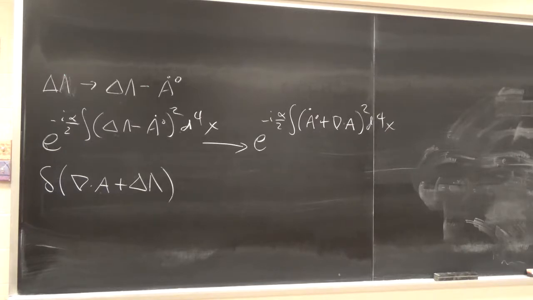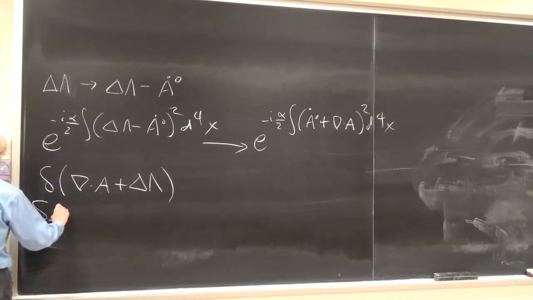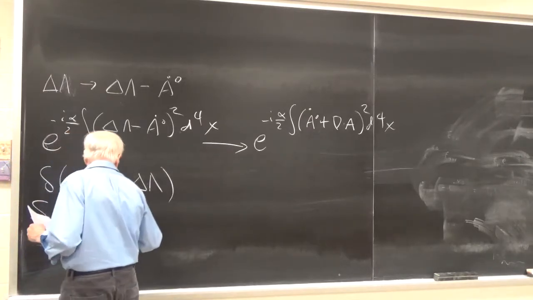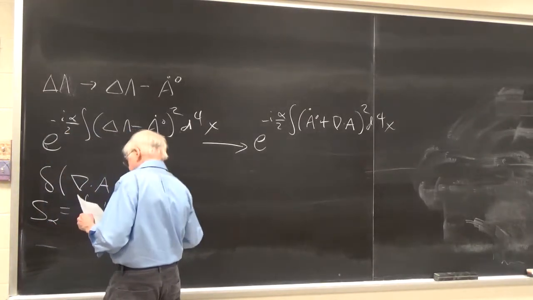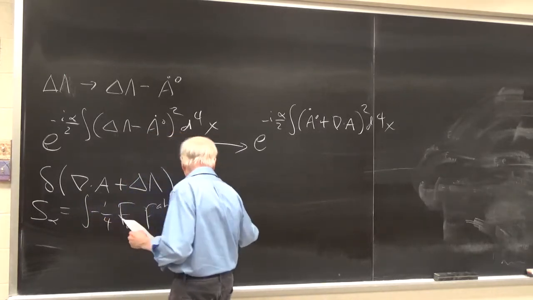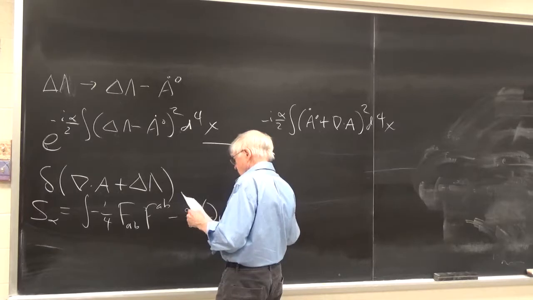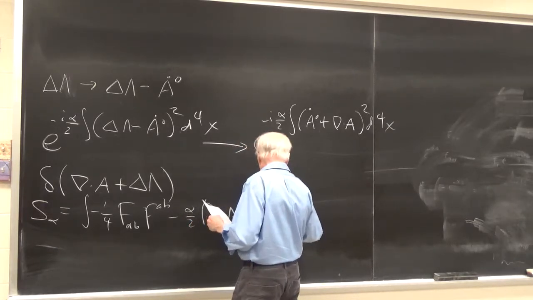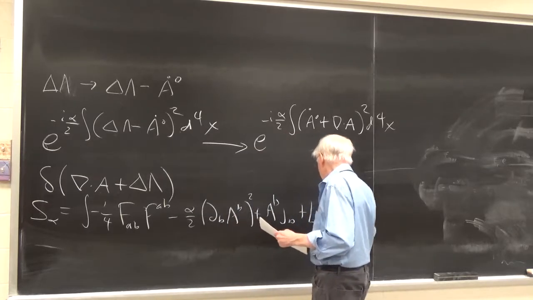And so your new action is an integral of minus a quarter F_{AB} squared, minus α over 2 (∂_B A^B) squared, plus A·J, plus any matter terms, d⁴x.